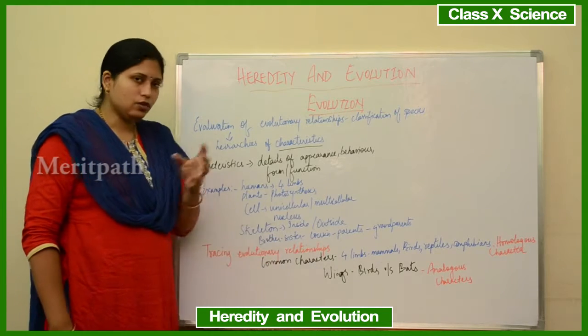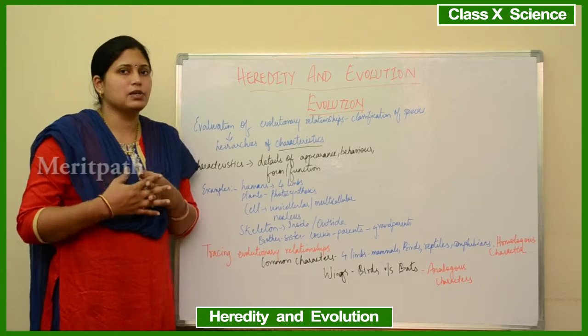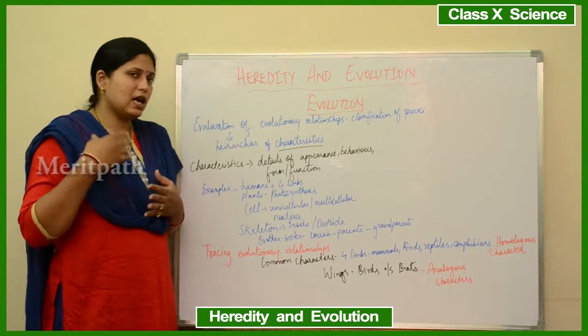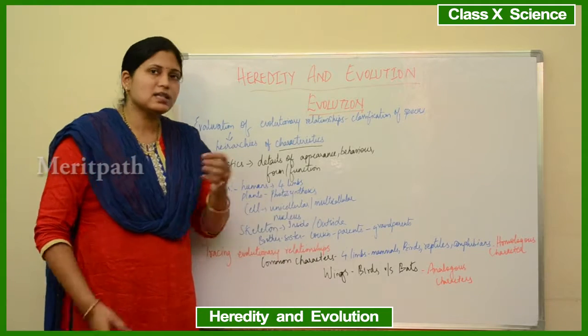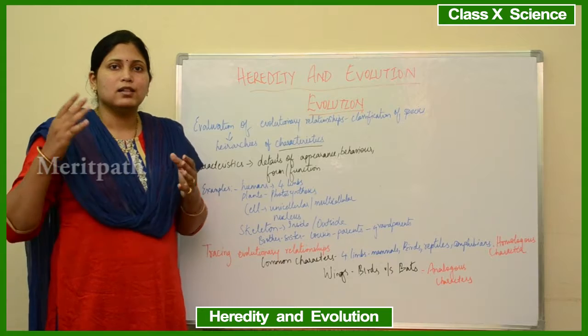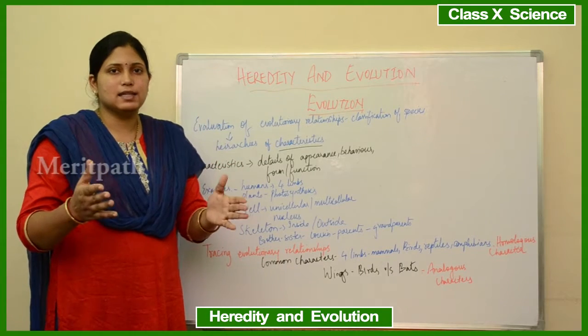Then talking about human beings, brother and sister, definitely they have some common characteristics because they are evolved from their parents. And same way there will be related characteristics with their cousins also, because the cousin's parents and this brother and sister's parents have brothers and sisters.